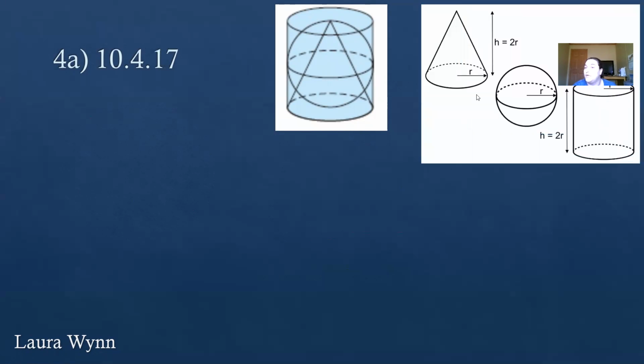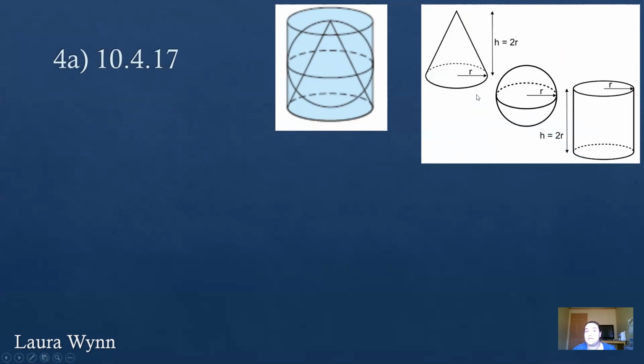Here we go. Okay, so this is just all these shapes that are in this picture they gave us, pulled out and given with the information. So we know the cylinder's height is 2r, the cone's height is 2r, and they all have a radius of r. We need to find the volume of the circular cone, the cylinder, and the sphere.